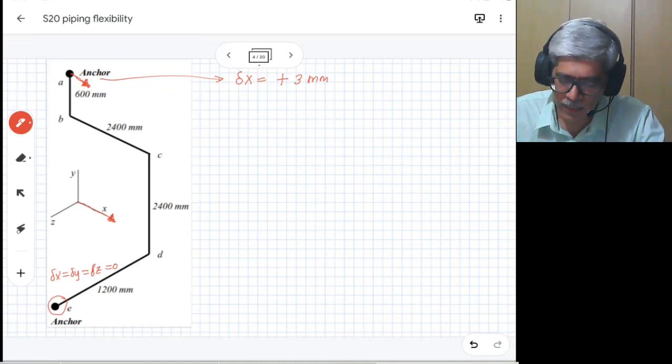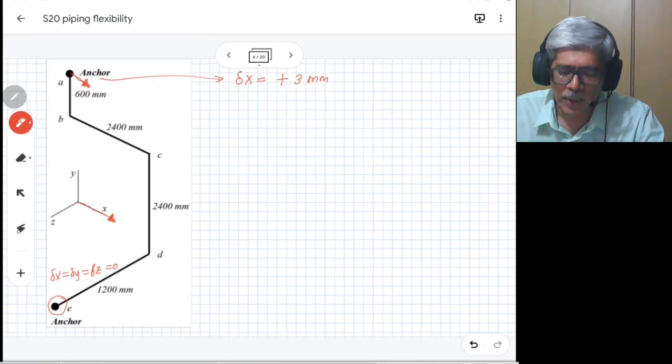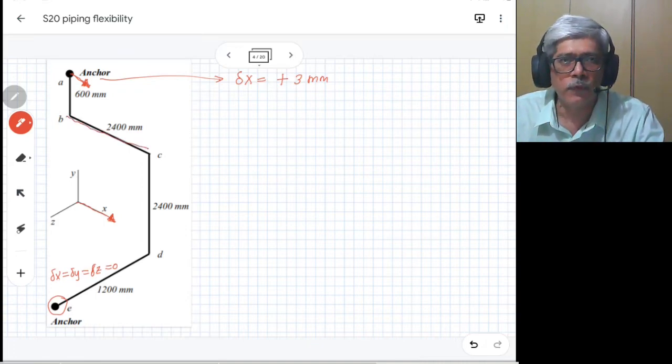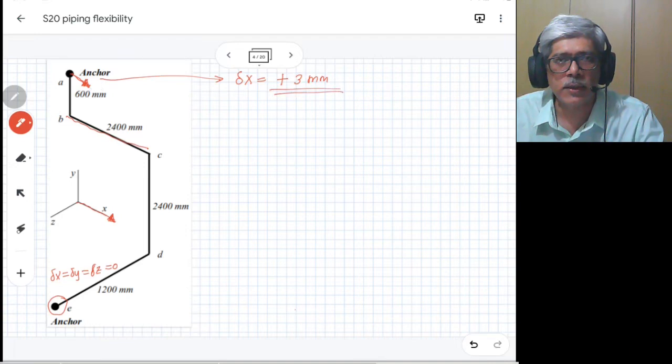If these two points are fixed, then the thermal expansion in the x direction, that is leg BC, would be fully restricted. If anchor A moves in the positive x direction, then in addition to the thermal expansion, this anchor movement is going to further load the pipeline.